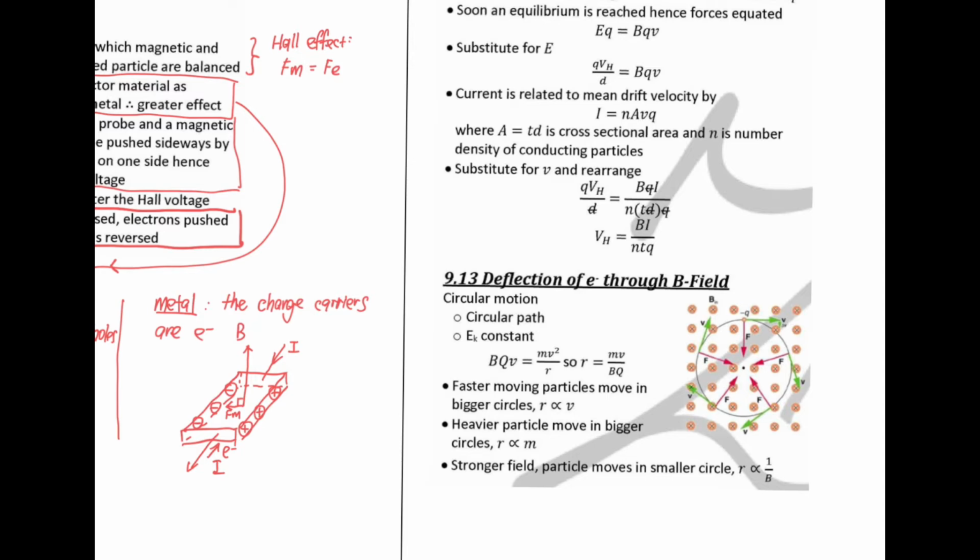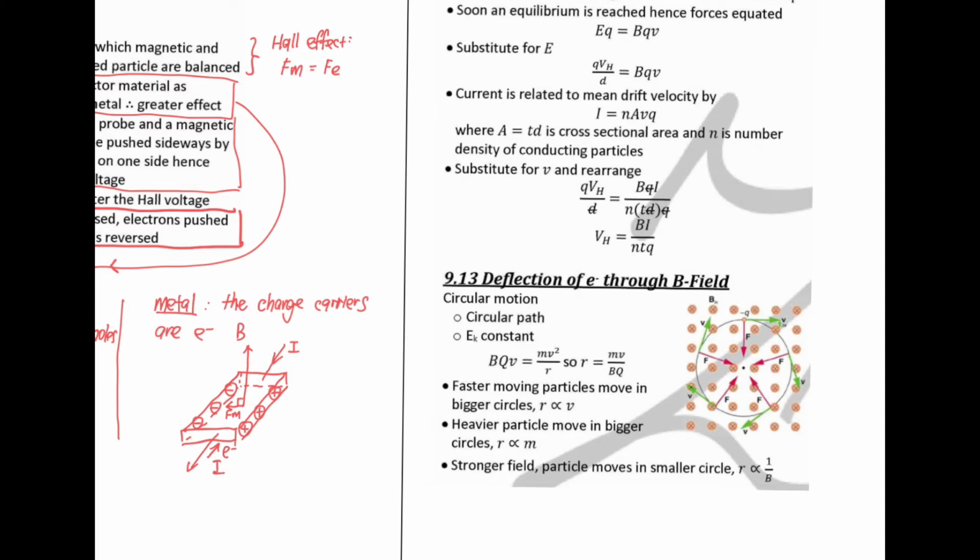So when I talk about electrons, they experience a force to the left. It's for metal, yes, to the left, due to the magnetic field. So the force is BQV.